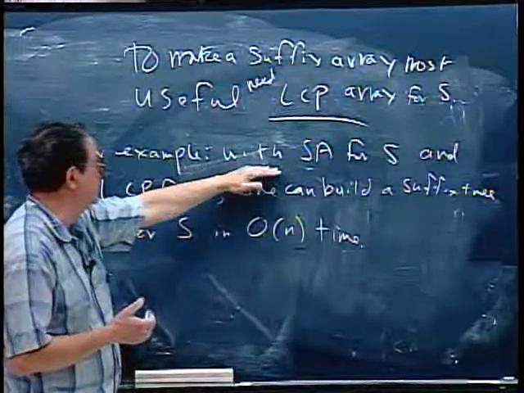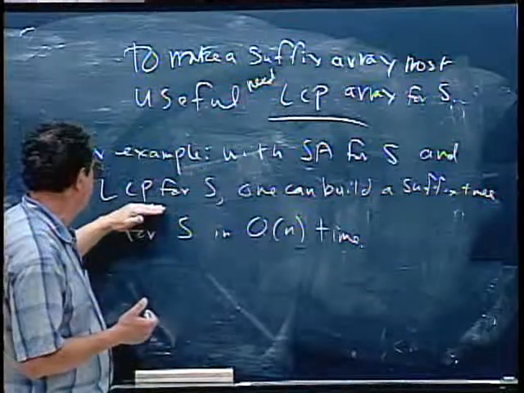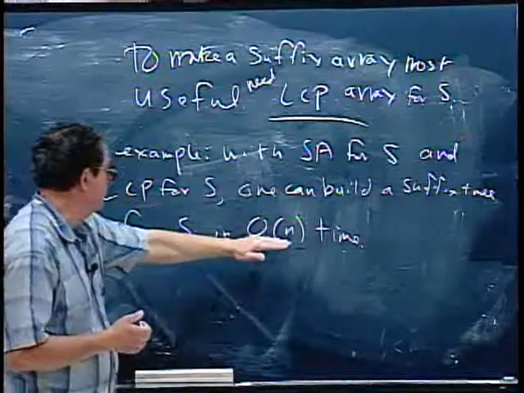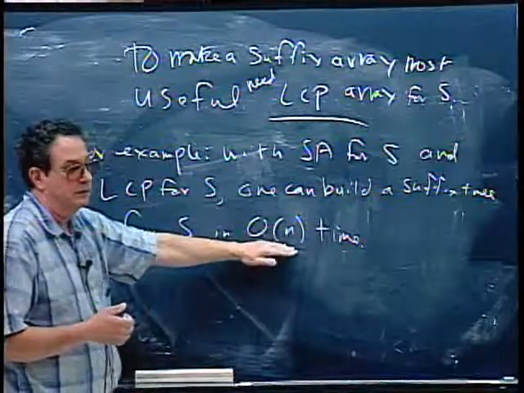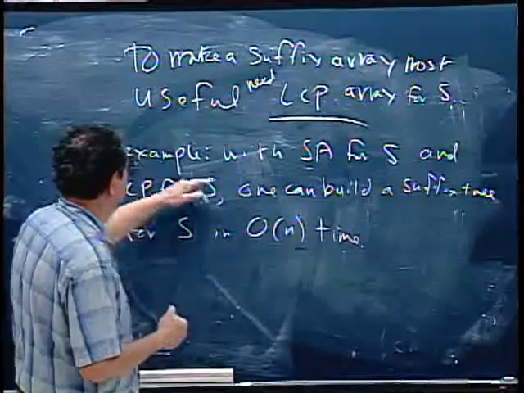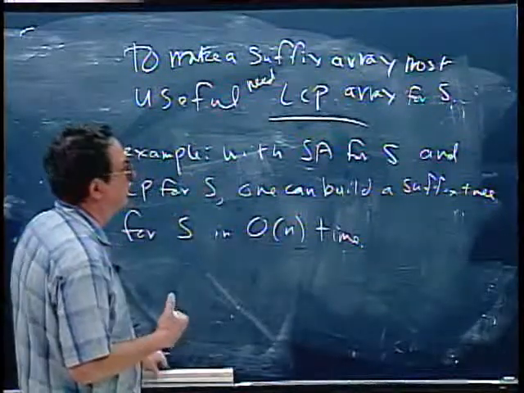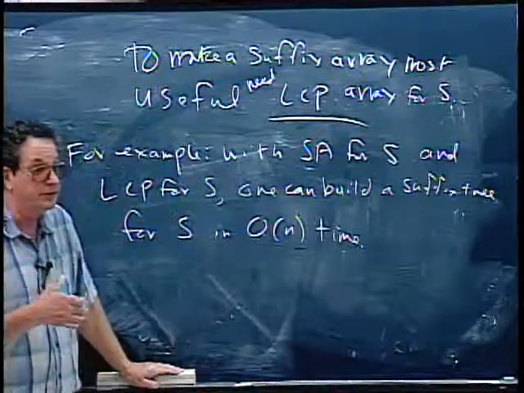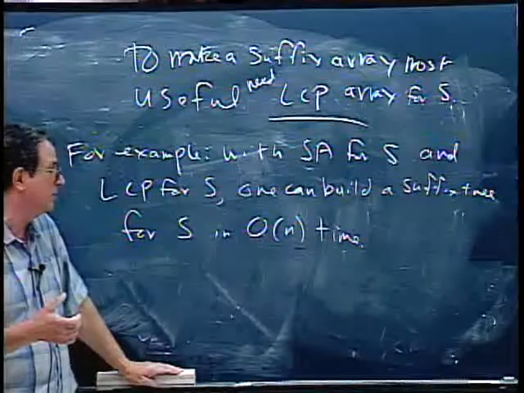First build a suffix array in linear time, then build this LCP in linear time, and then use those to construct the suffix tree in linear time. Okay, let me tell you what LCP is, and then next time I'll show you how to compute the LCP array in linear time, which was also an open question for a long time.